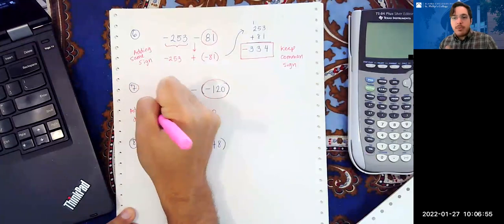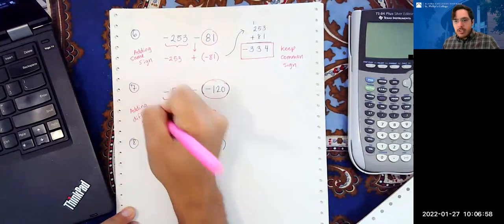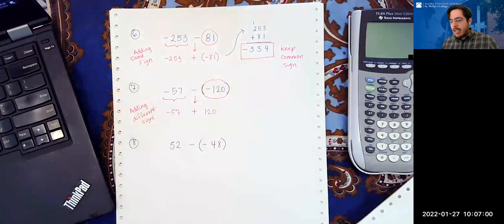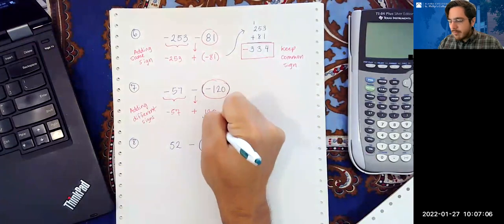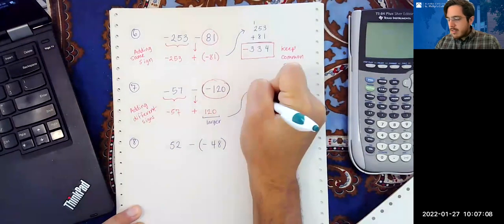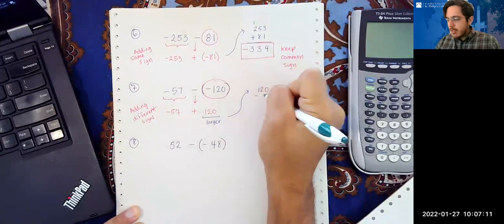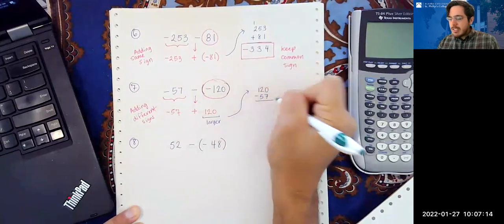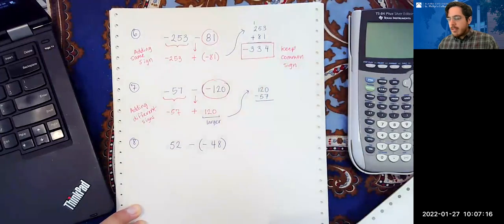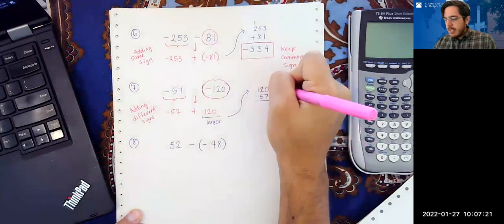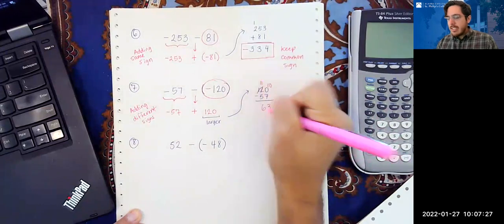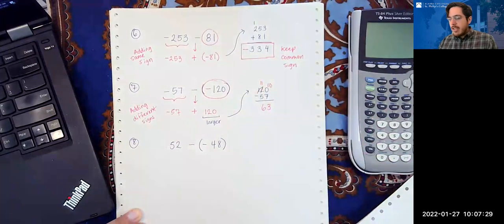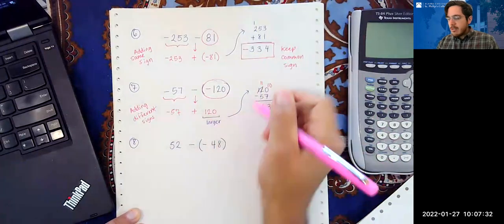Whenever you think of a different sign, we should subtract the numbers. We take the larger number, subtract the smaller number, and keep the sign of the larger. So we have 120, I have to borrow, so get 10 over here. That'll give me 3. I have to borrow again, that'll give me 11, that'll give me 6. So I have 63, and I need to keep the sign of the larger, so that's why this will stay positive.